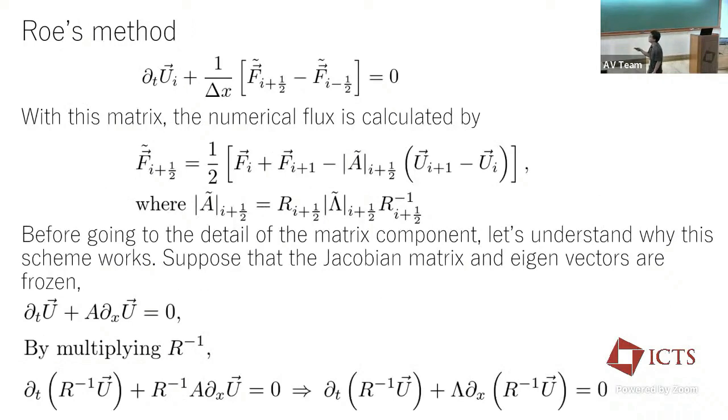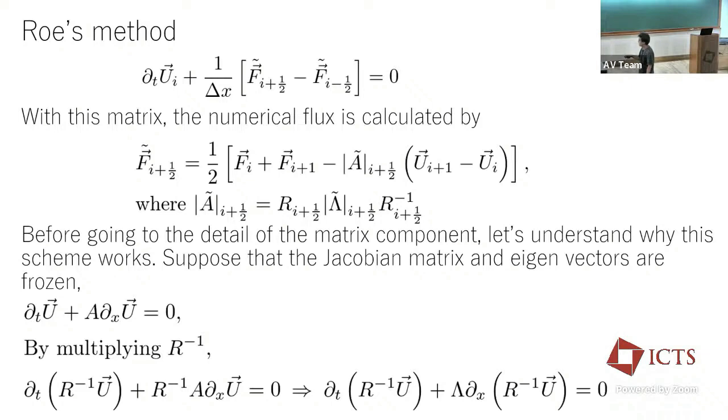So before going to the detail of the complete expression for A tilde, let's consider why this scheme works. Suppose that the Jacobian matrix and eigenvectors are frozen. Frozen means that it doesn't depend on time and space. Starting from these expressions, by multiplying the left eigenvector on this equation, with the frozen condition you get this expression, right?